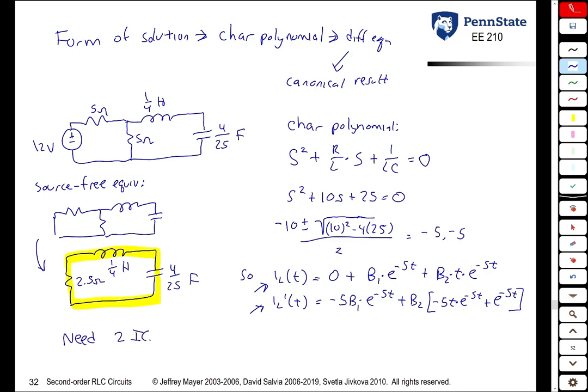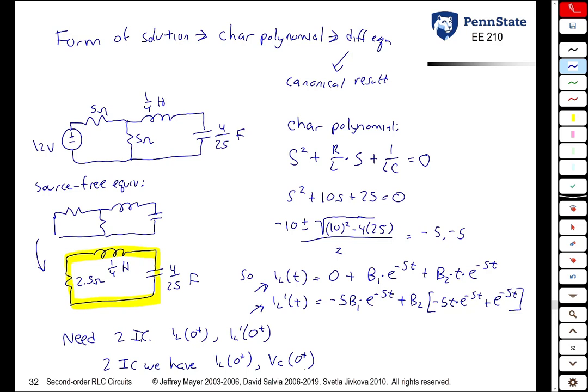The two initial conditions that we need are IL of 0 plus and IL prime of 0 plus. The two initial conditions we have are IL of 0 plus and VC of 0 plus.